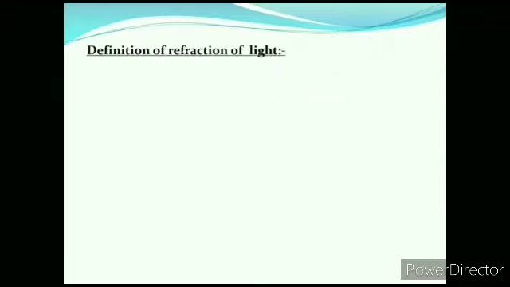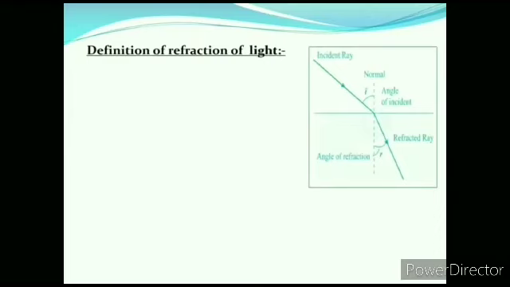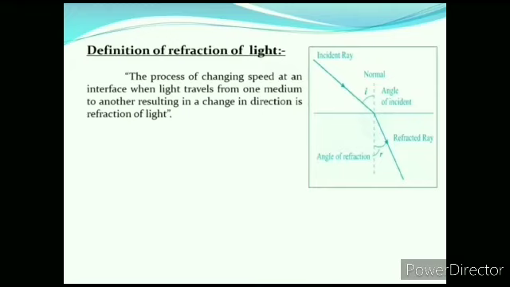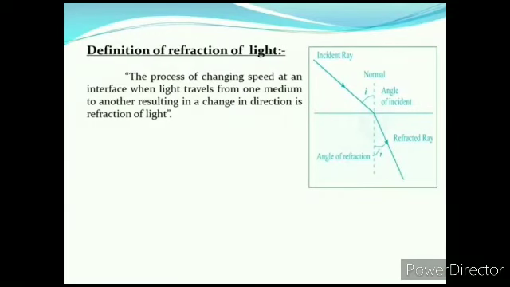Students, now we will explain the definition of refraction of light. The process of changing speed at an interface when light travels from one medium to another, resulting in a change in direction, is called refraction of light.